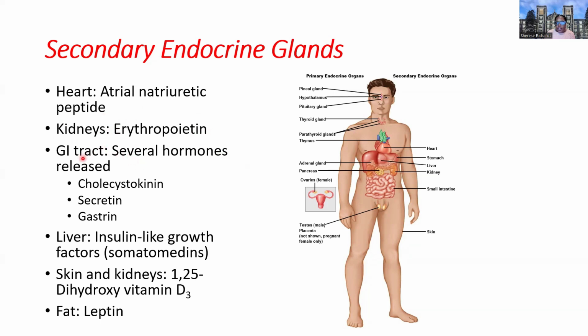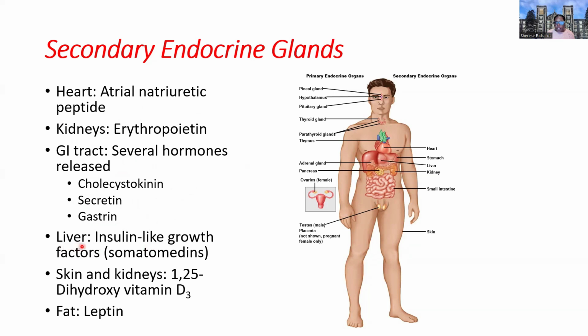The GI tract is mainly for digestion and absorption, but it can release several hormones: CCK or cholecystokinin, secretin, gastrin. These all play a role in our fed state, fasted state, levels of hunger, levels of satiety, etc. And so they can be a part of the endocrine system as well.